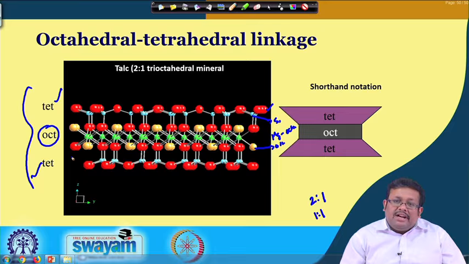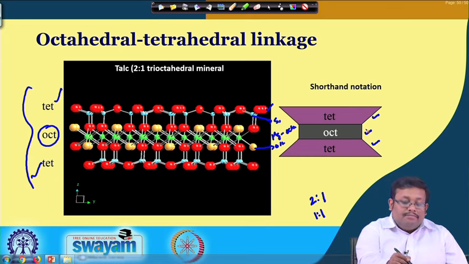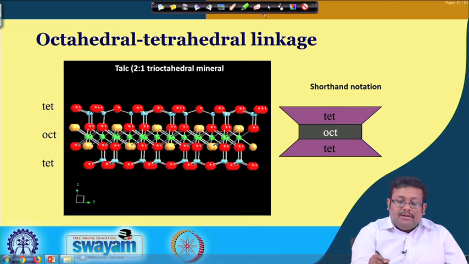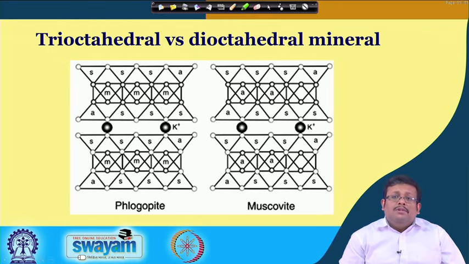Now, what is the shorthand notation of this clay structure? Since it is a 2:1 structure, this is a tetrahedra, this TET stands for another tetrahedra, and in between there is an octahedra sandwiched. Now probably you have understood what a 2:1 mineral is. Another question comes: why do we call it trioctahedral and what is dioctahedral?